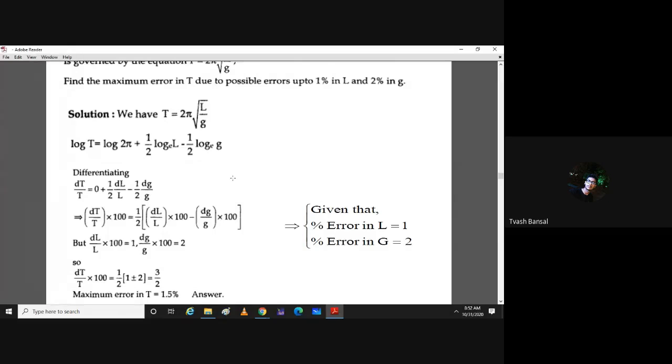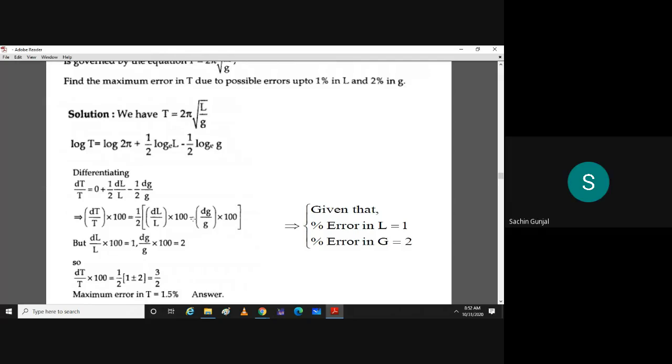Sir, I understood that we have taken dL by L into 100 and dG by G into 100 as 1 and 2. You have written dT by T into 100 equal to half into 1 plus minus 2. Why plus minus? Why not only plus? See, here it is minus, right? This middle sign is minus.